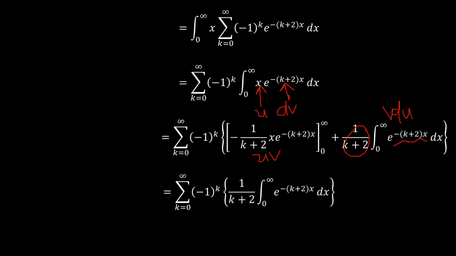Eventually, when x tends to infinity, this exponential part tends to 0, and when x is 0, this part equals 0. So essentially the entire boundary term just tends to 0. Then we are left with just the integral of e to the power negative (k plus 2)x, and the constants remain as we see.